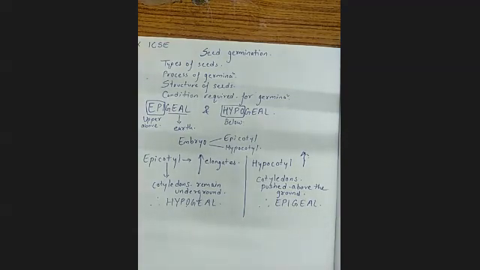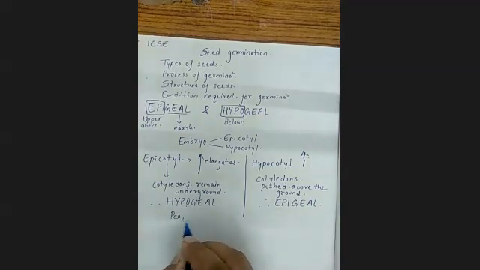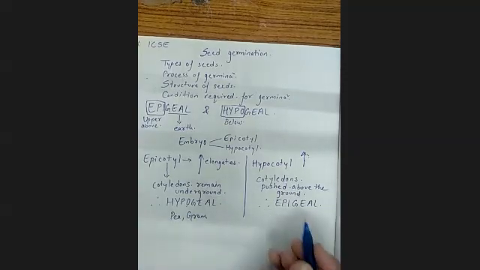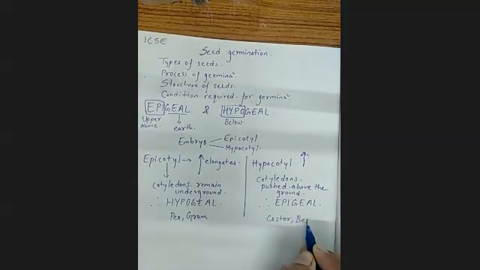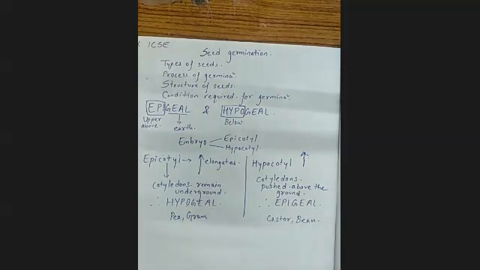Yes, miss. Okay, fine. So examples for hypogeal germination are pea and gram, and for epigeal you have castor and bean.